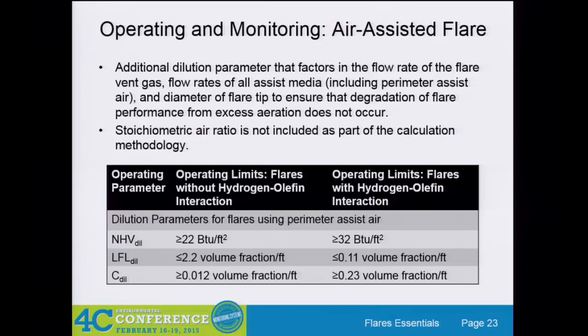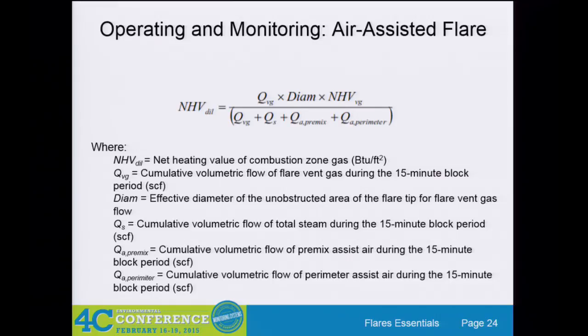You had to take into account the tip diameter of your flare in the equations to truly know what was going on, and that's how they came up with these equations. So you'll see they're not that different, but they have this diameter in the equation. That also leads to units of BTUs per feet squared, so it's kind of like a heat flux, if you will.